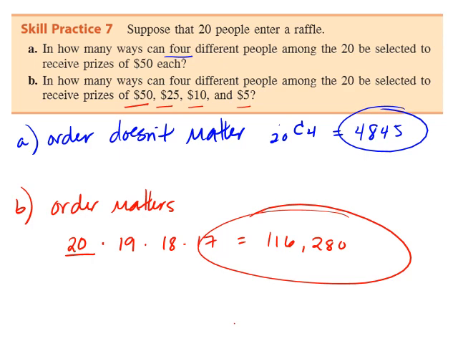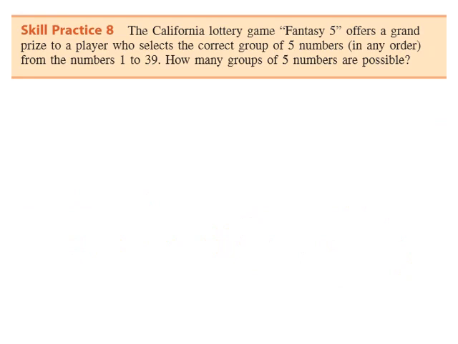I'm going to show you 2 more examples just for additional practice. Okay, so here is a lottery game, and there are 5 numbers. The numbers 1 through 39 are the possibilities. So how many different ways can we choose 5 out of the numbers 1 through 39?